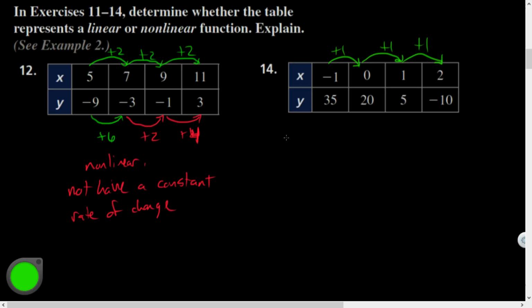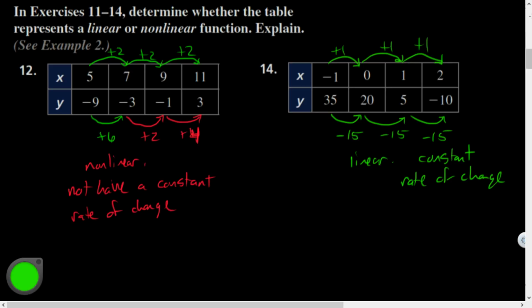Because these are constant differences between the x's, if it's linear, I would expect constant differences for the y's. And this looked like it went down 15, right? Hey, that looks constant. So that is linear, because constant rate of change. Excellent.